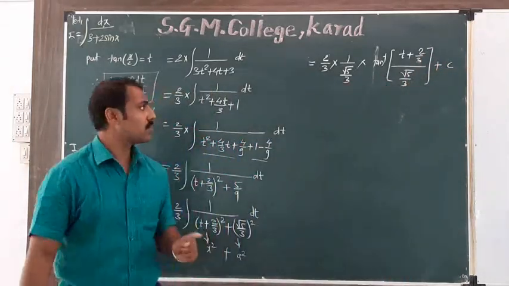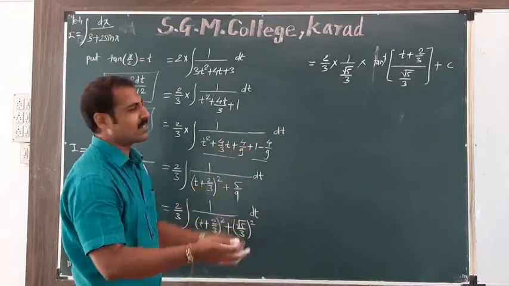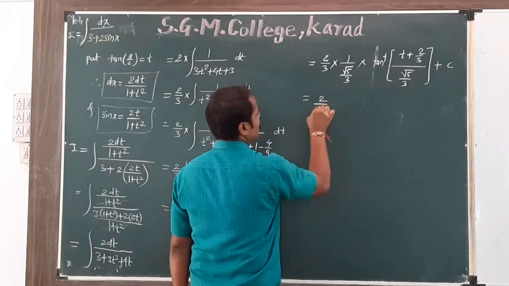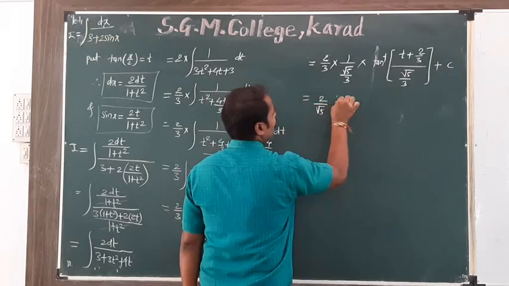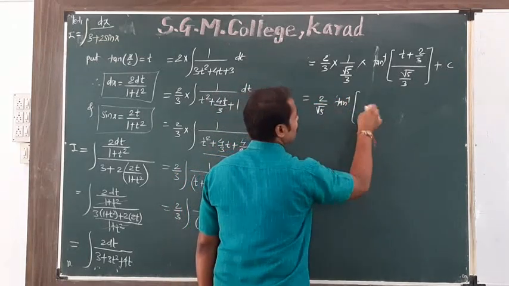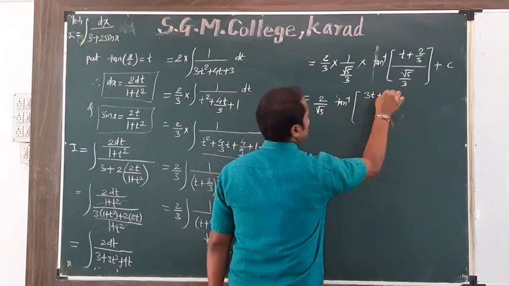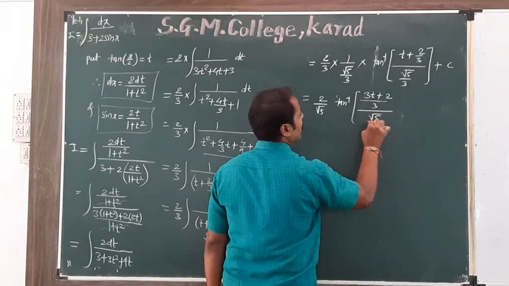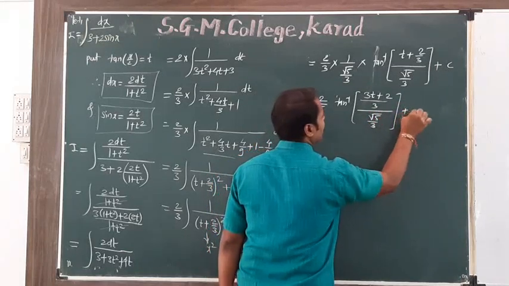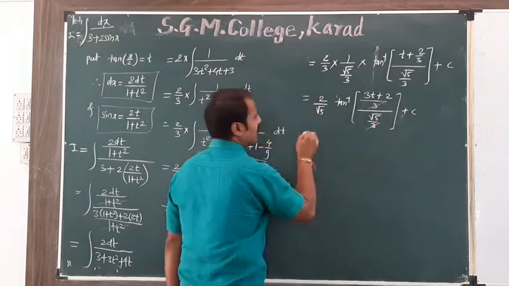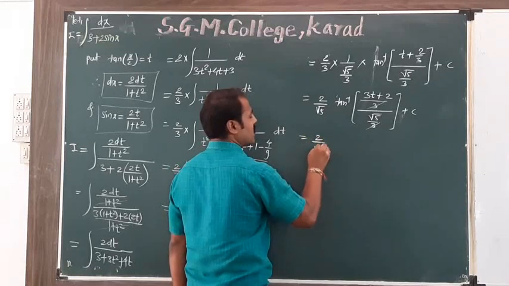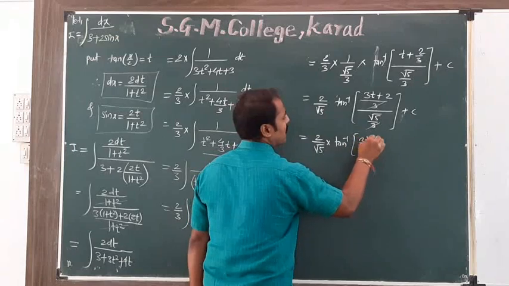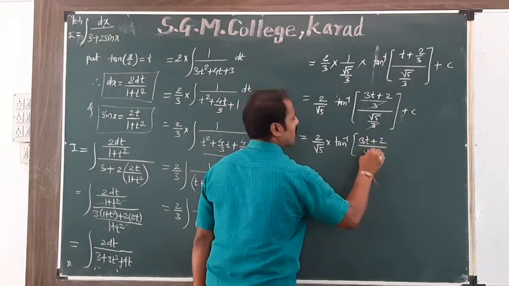Don't divide by the coefficient of t, that is 1. So forget it. 3 gets cancelled, which is equal to 2 divided by root 5 into tan inverse of, on simplification, 3t plus 2 divided by 3, divided by root 5 divided by 3. Cancelling the denominator 3, which is equal to 2 divided by root 5 into tan inverse of 3t plus 2 divided by root 5.